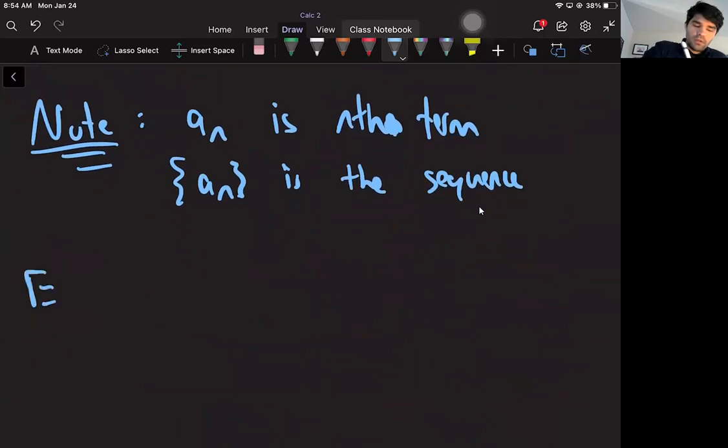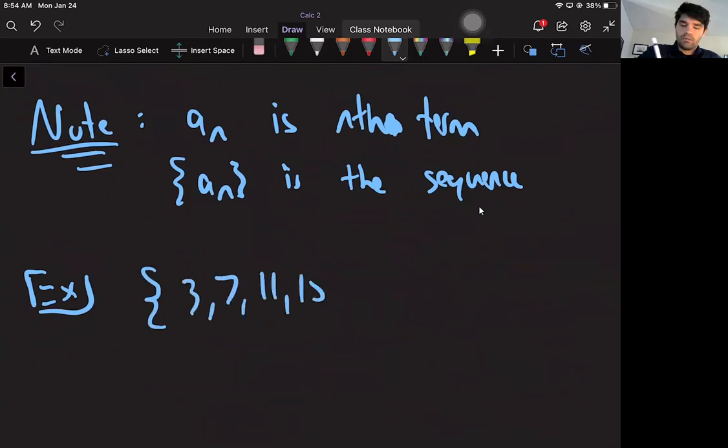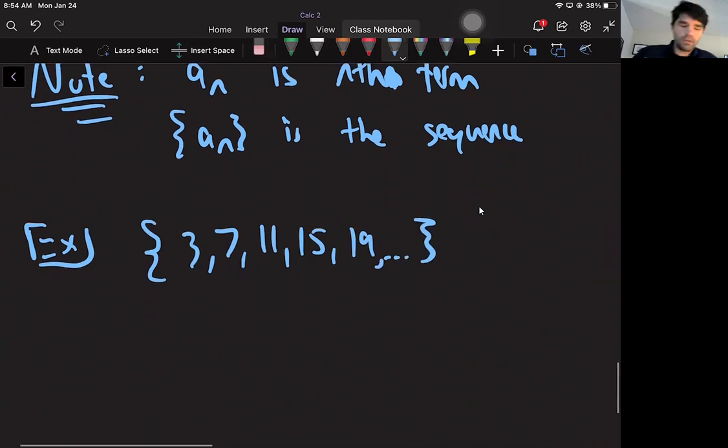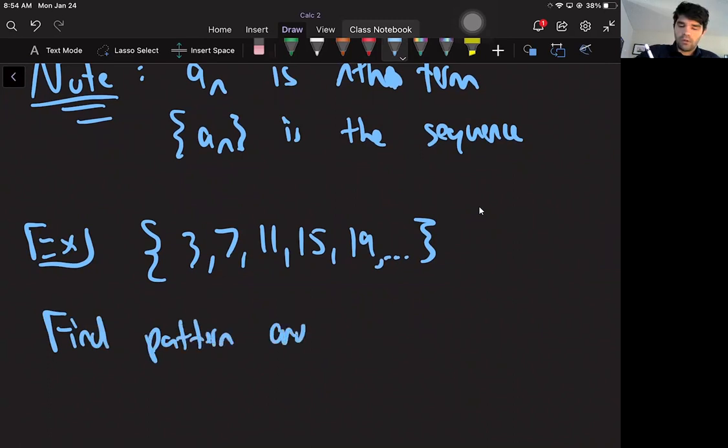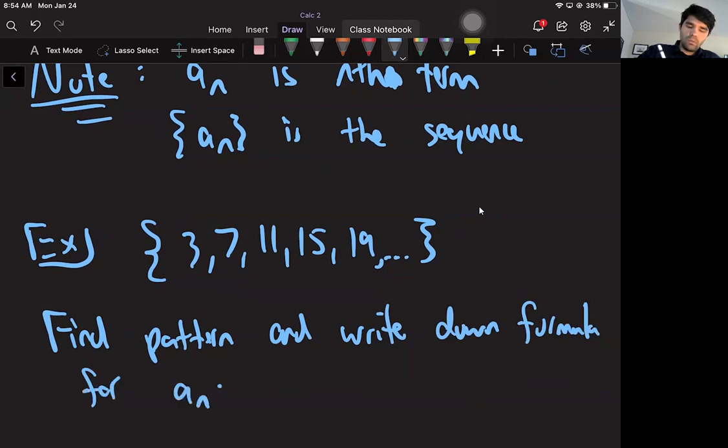Okay, so let's do another example. 3, 7, 11, 15, 19, dot dot dot, to indicate that it's an infinite sequence. So let's find the pattern and write down a formula for AN.